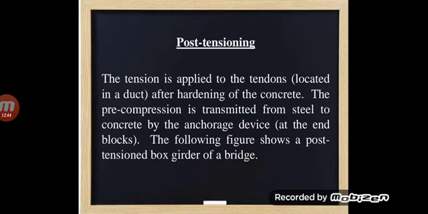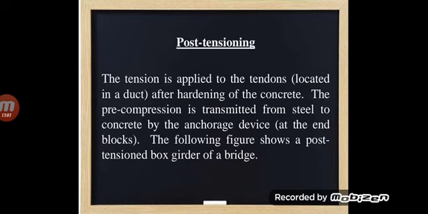Then post-tensioning. The tension is applied to the tendons after hardening of the concrete. The pre-compression is transmitted from steel to concrete by the anchorage device at the end of the blocks. The following figure shows a post-tensioned box girder of a bridge. We will see the figure later.